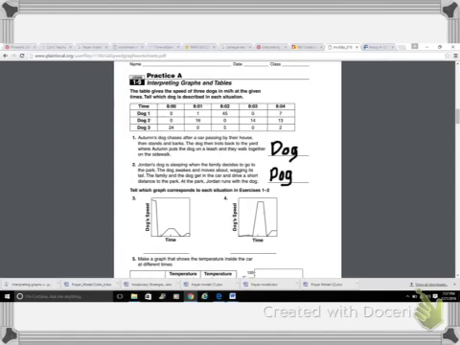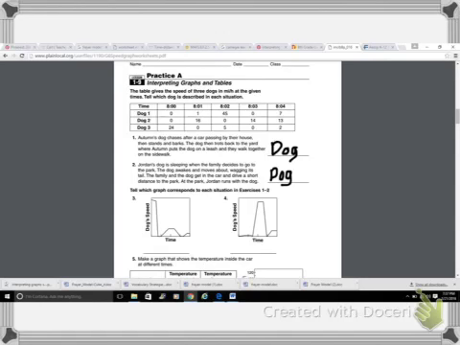Now, if he's chasing, I know that he is moving quickly. So just by reading the first sentence, I can automatically get rid of 1 and 2, because dog 1 is 0, dog 2 is 0, which lets me know that they're not moving.